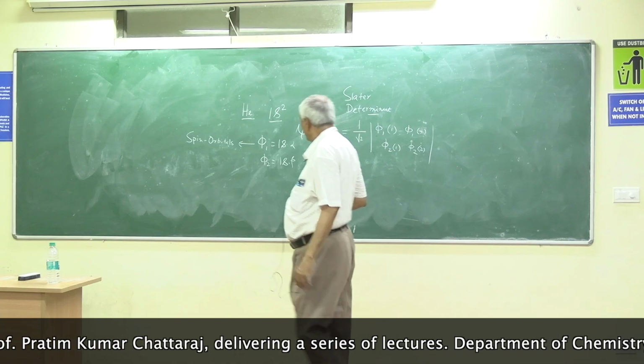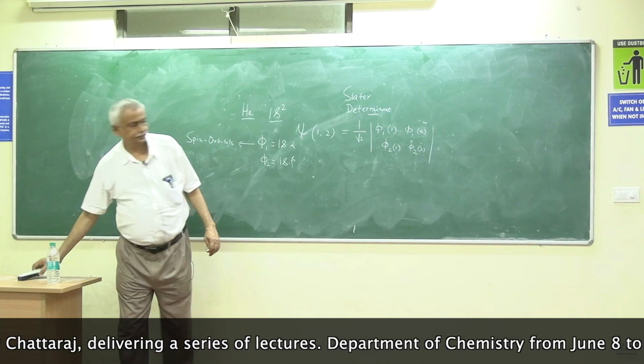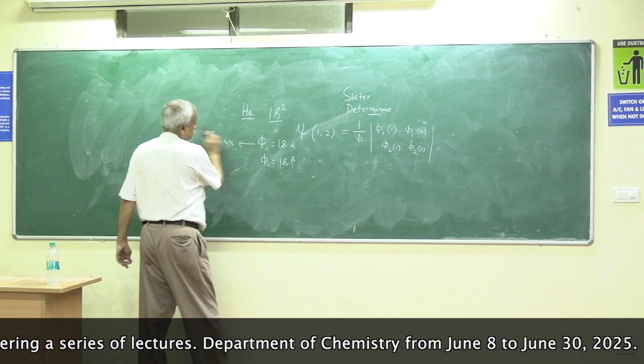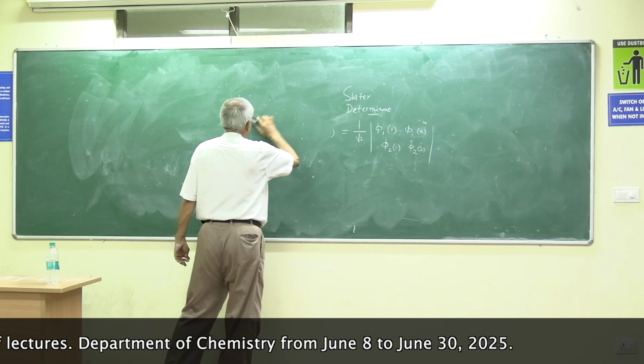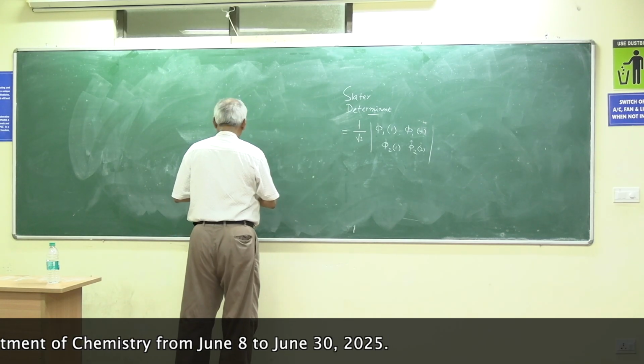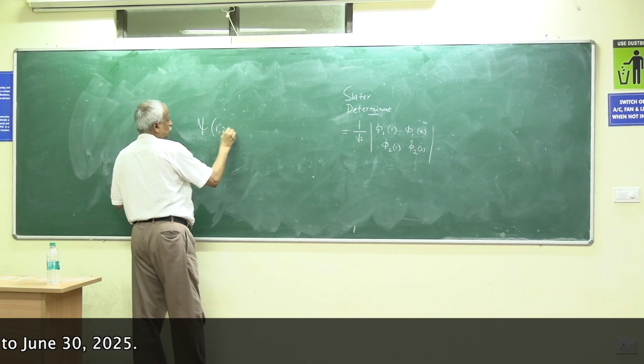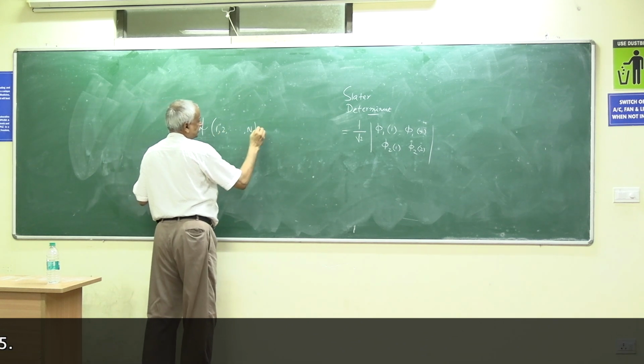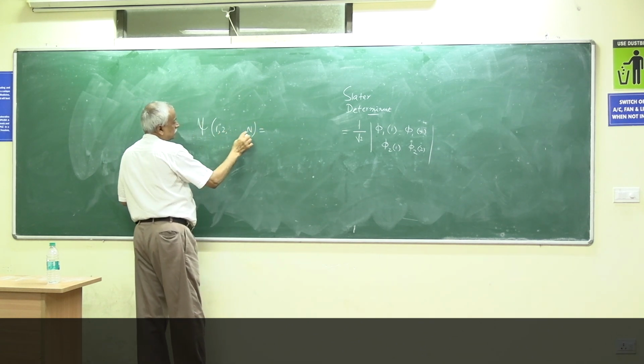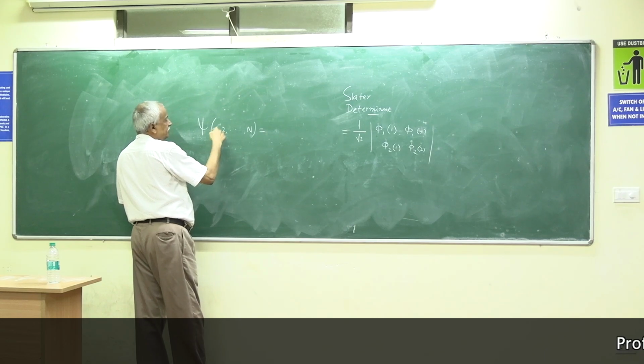If you have some n particle system like psi 1, 2 up to n, actually 1 means 3 variables.